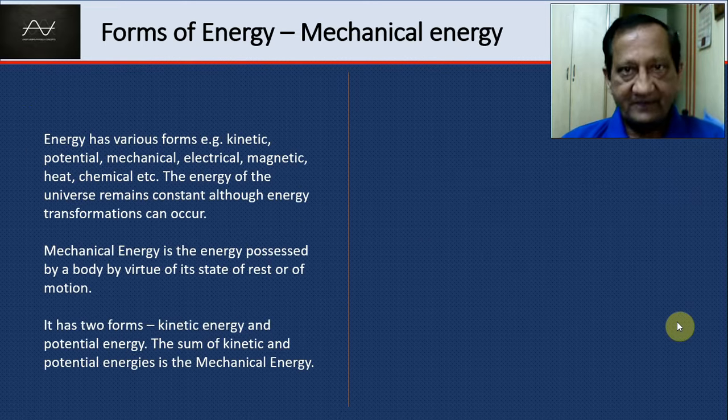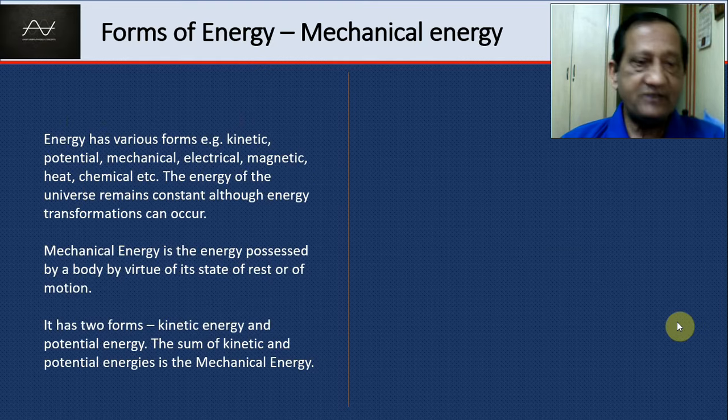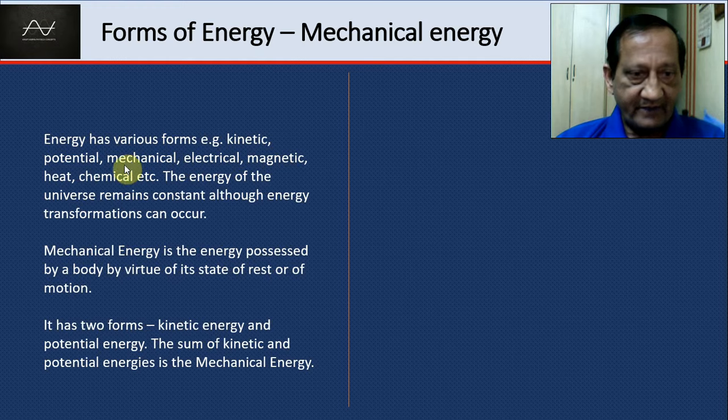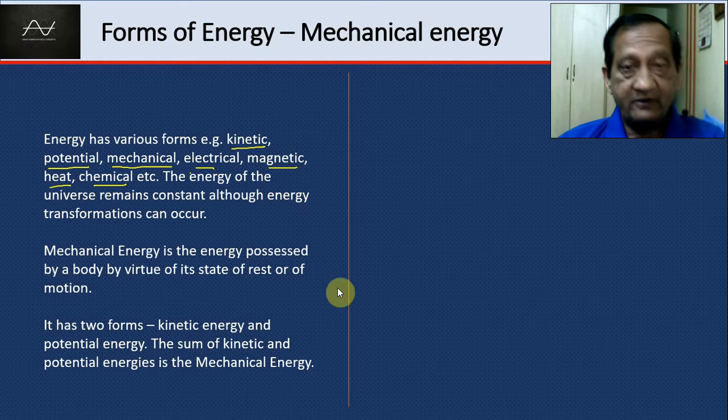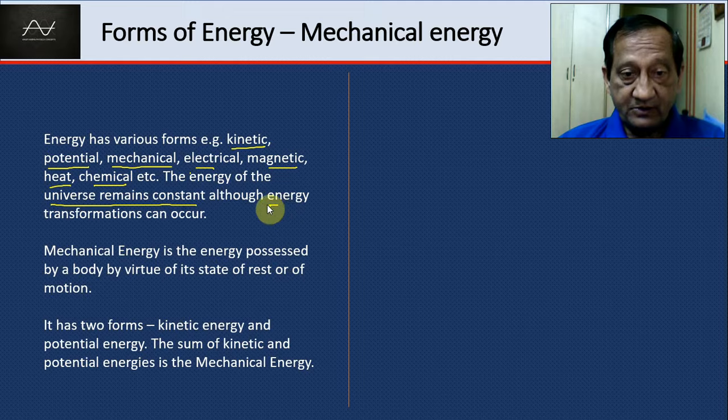Now, let's look at some forms of energy. We'll first talk of mechanical energy. Energy has various forms. Mechanical, within mechanical we have kinetic and potential, electrical, magnetic, heat, chemical, nuclear, etc. The energy of the universe remains constant, although energy transformations can occur.